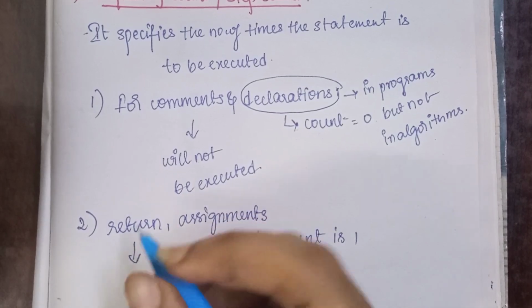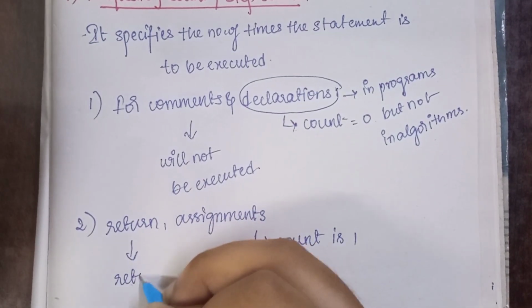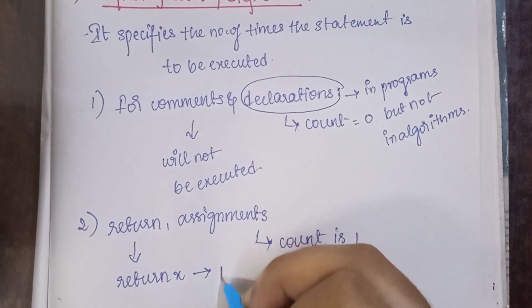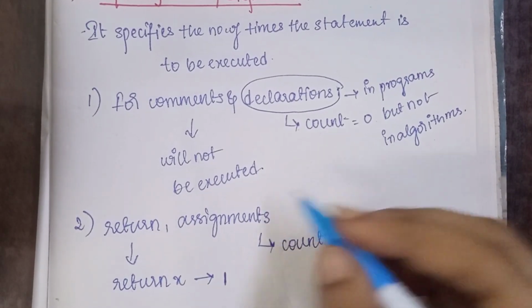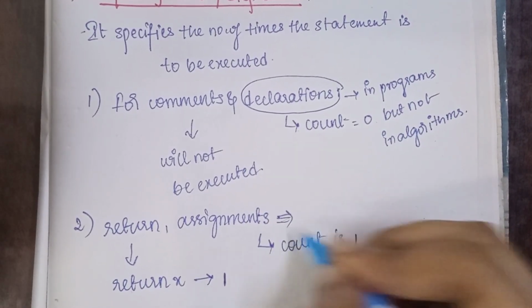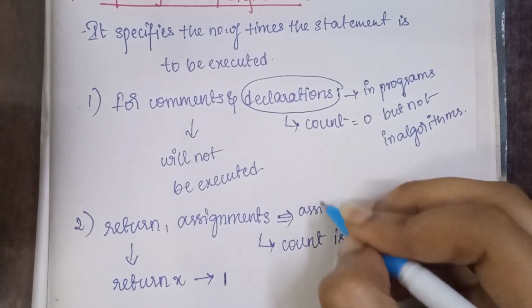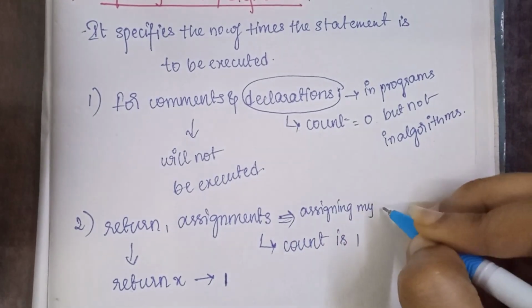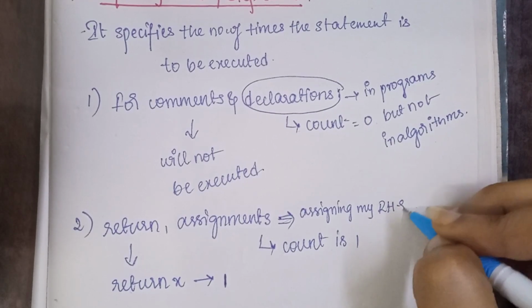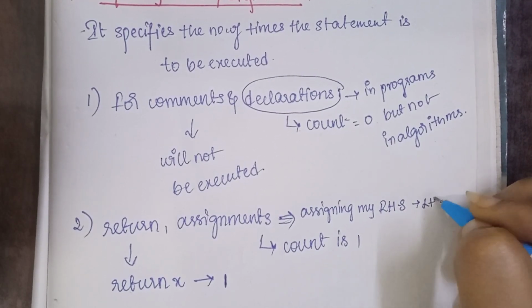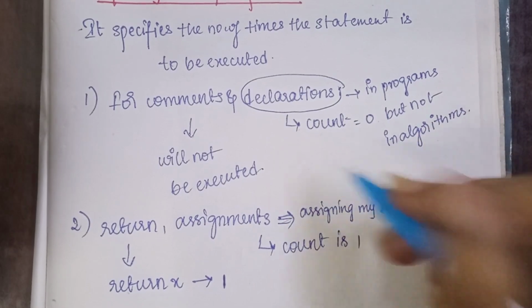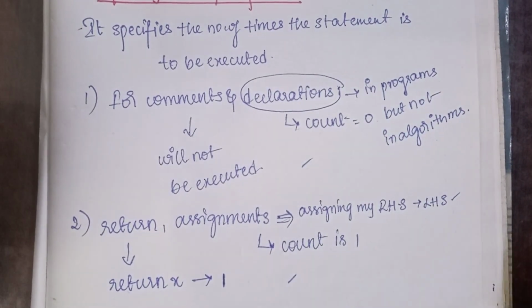A return statement means, for example, if I'm returning the value of x, then the count for this statement will be 1. And what is meant by assignment? I'm assigning the value of the RHS to the LHS. For this also the count will be 1. So this is the first rule and this is the second rule.